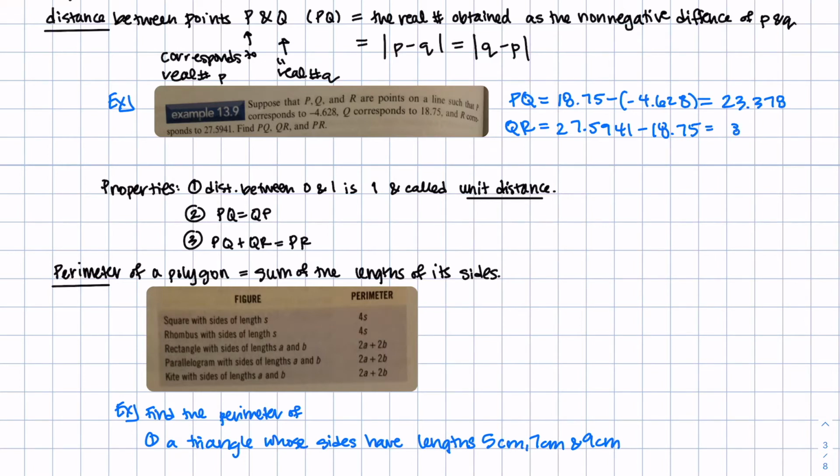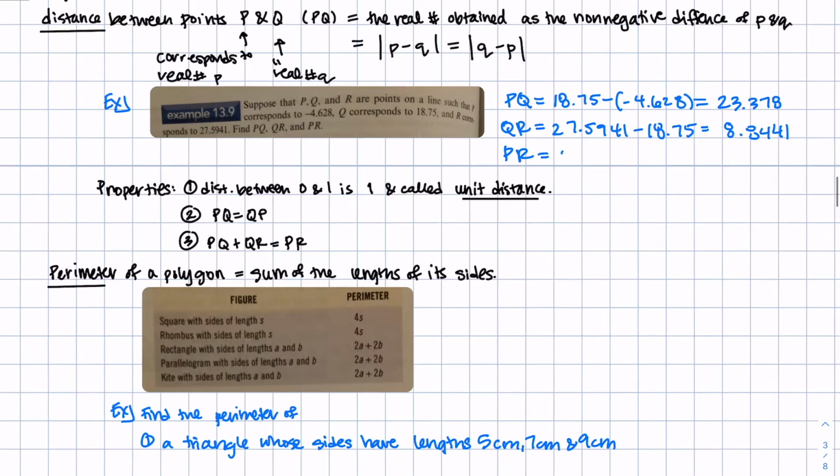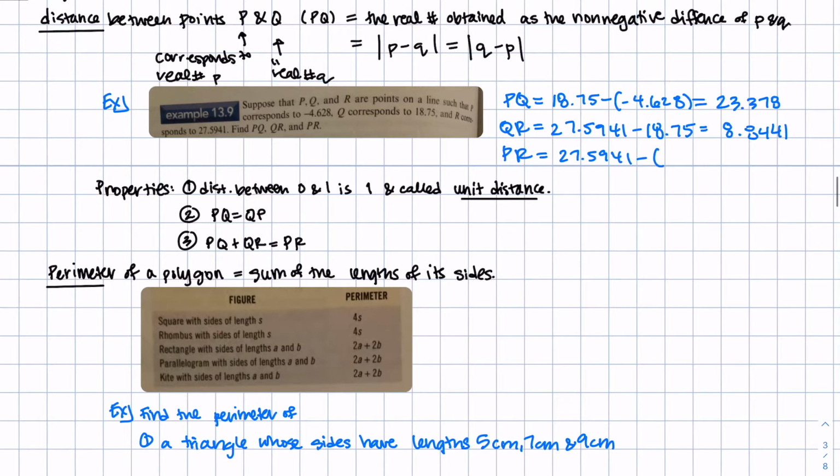And we get 8.8441 is the distance between those 2 points. And then PR, we will take R first, which is 27.5941, and subtract off the negative 4.628. So that gives us 32.2221.